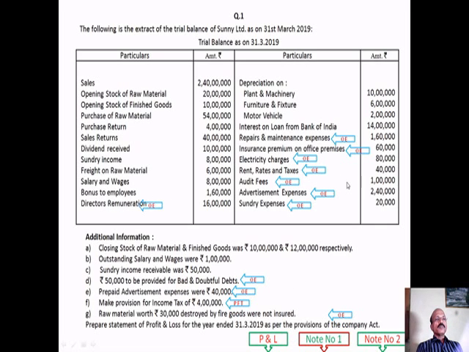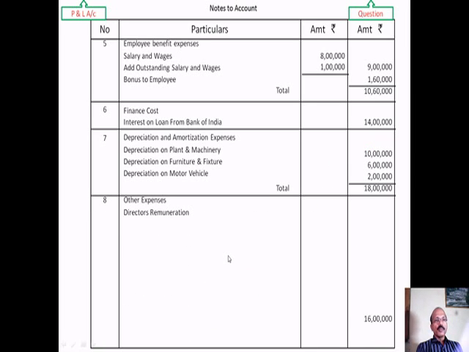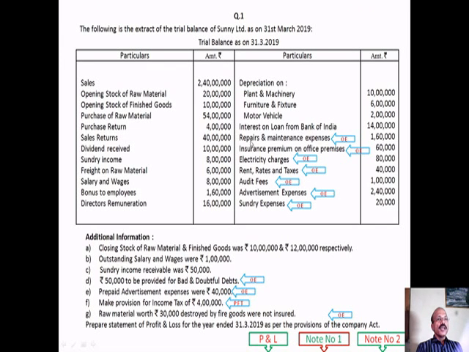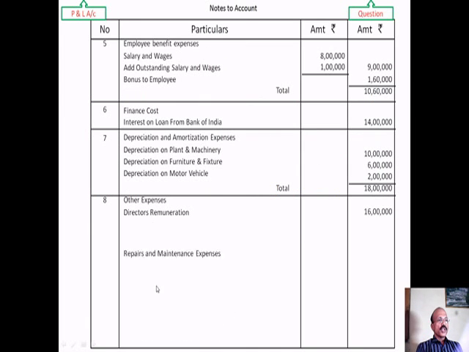So the first item is director's remuneration. Director's remuneration amounted 16 lakh. Next item we have is repairs and maintenance, which will be recorded in working note. Repairs and maintenance is 1 lakh 60,000.